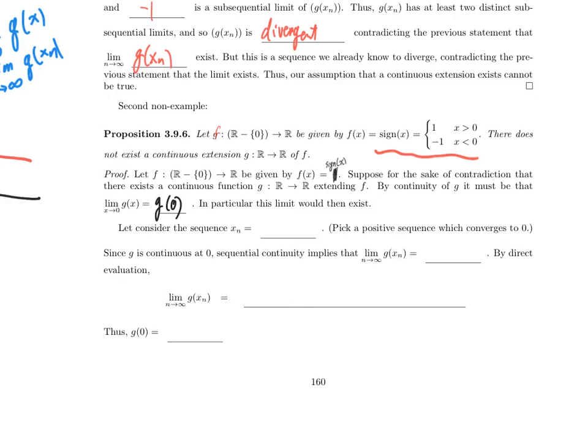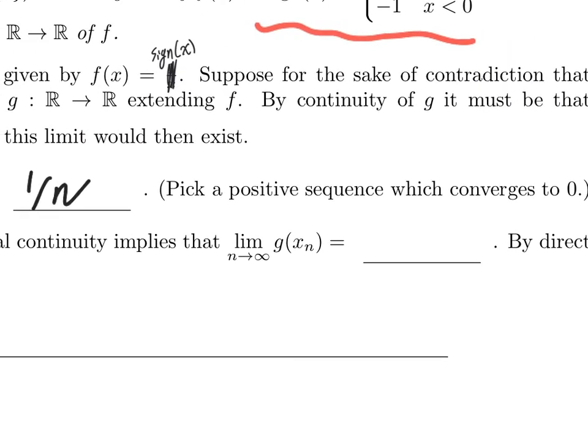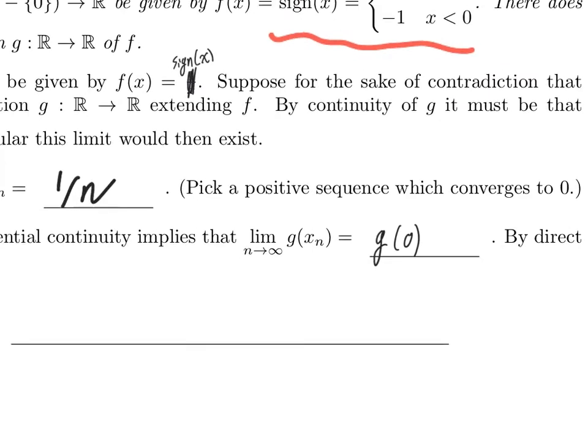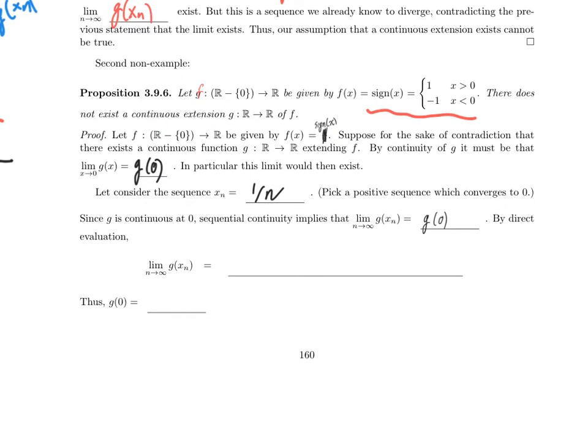Alright, so just like we did before, let's pick a sequence of positive numbers which converges to 0, namely x sub n equal to 1 over n. Since g is continuous at 0, sequential continuity requires that the limit as n goes to infinity of g of x sub n has to be the same as g of 0. But by direct evaluation, the limit as n goes to infinity of g of x sub n, well, x sub n is never equal to 0, so x sub n is in the domain of f.